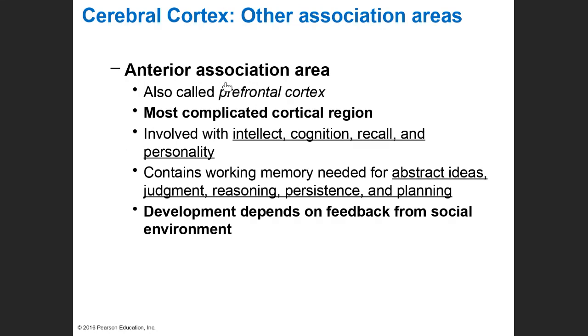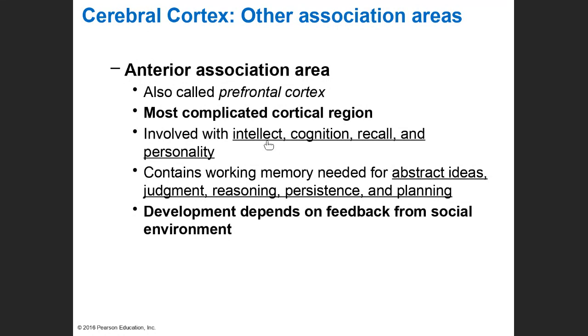Alrighty. So the frontal lobe, we're in the frontal lobe here. I mentioned the prefrontal cortex. Prefrontal cortex is also called the anterior association area, and this is considered the most complicated part of the cortex because it has really interesting and very complex and diverse functions in it.